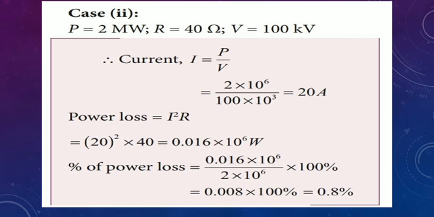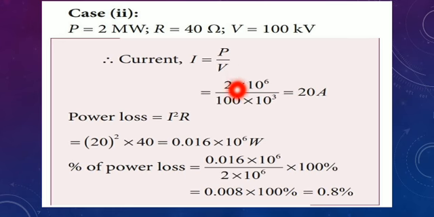And case 2, the same power is given, 2 megawatt, and the resistance is 40 ohm and the voltage is 100 kilovolt. Therefore I take the same method. P is equal to V into I, therefore I is equal to P divided by V. P is 2 into 10 power plus 6 divided by 100 into 10 power 3.